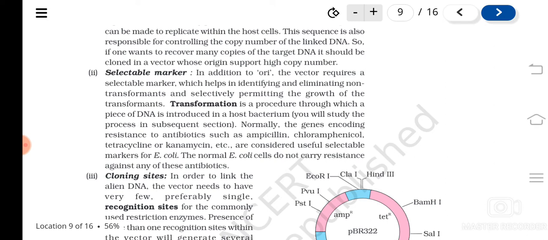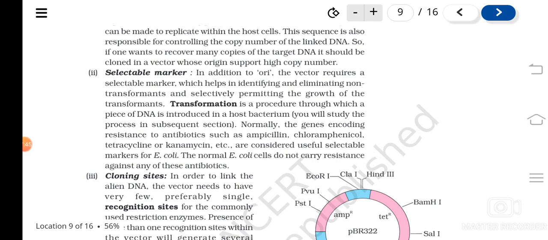There can be differences. So we have to select the recombinants, where successful growth has happened, during transformation.